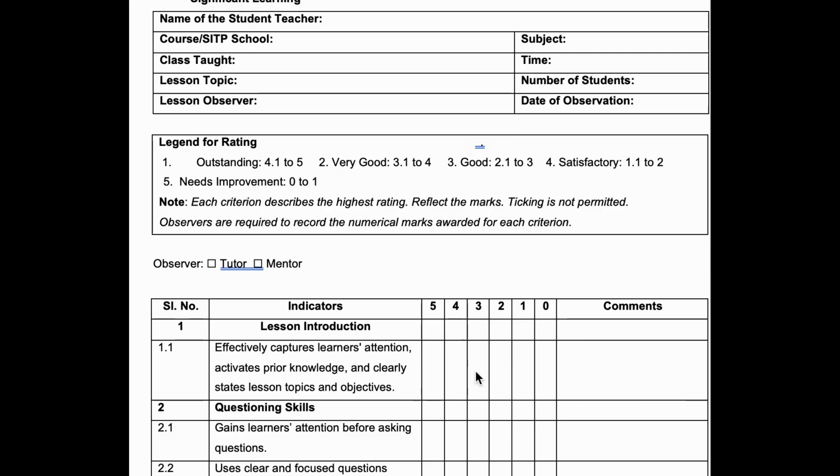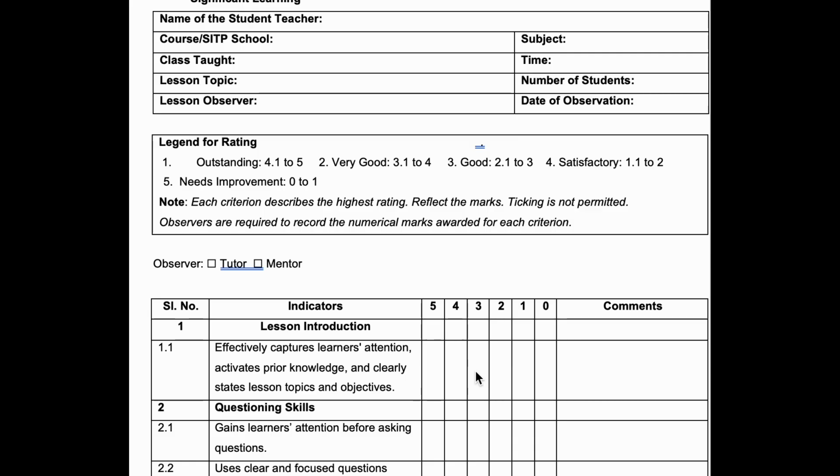A good lesson introduction should do more than simply tell students the topic. It should capture learners' attention, activate what they already know, and prepare them for new learning. When observing, ask yourself: did the student teacher use an interesting question, activity, story, demonstration, or learning material to gain attention?